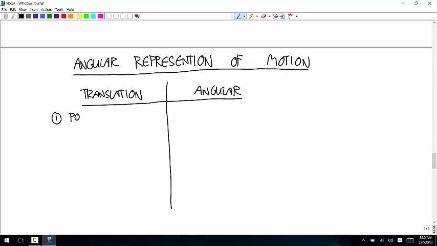With translation, we have the position vector, call it P. The corresponding angular quantity is angular position, and I'll call that theta.